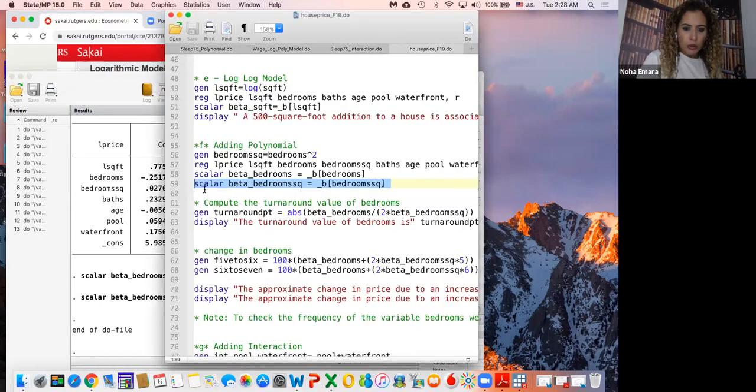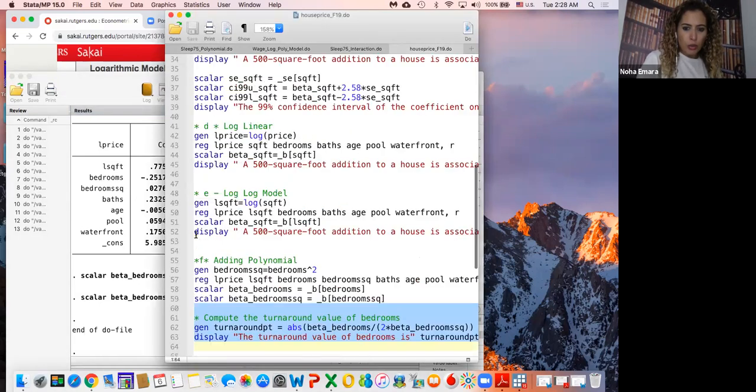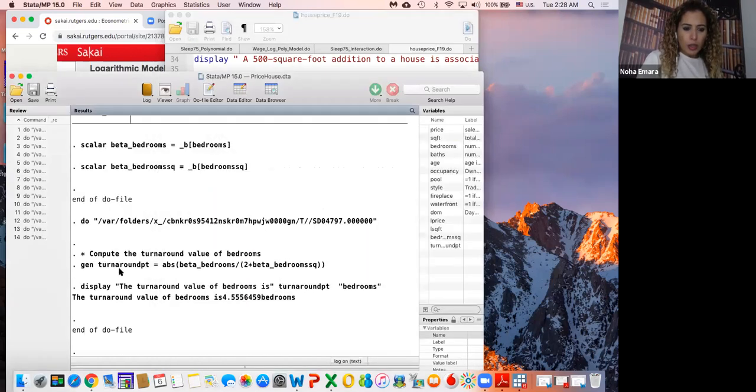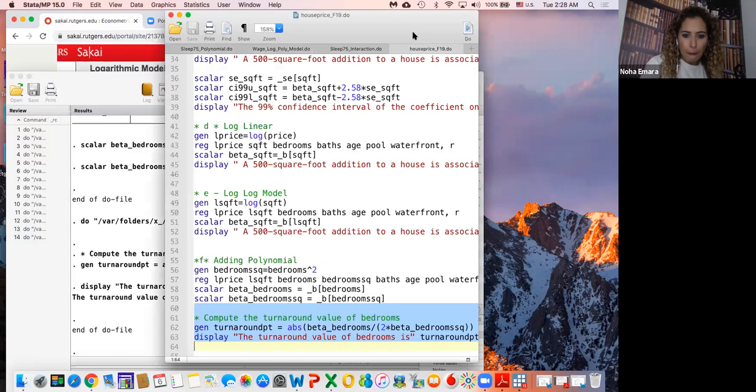You simply need to compute and display. So when you look here, this is the equation and the display is right here. So the turnaround value for bedrooms is 4.55 whatever, so it's around 4.56 bedrooms. There is no fraction for a bedroom, so you can say it's around 5 bedrooms is the cutoff point. Okay, you can actually make more space here.